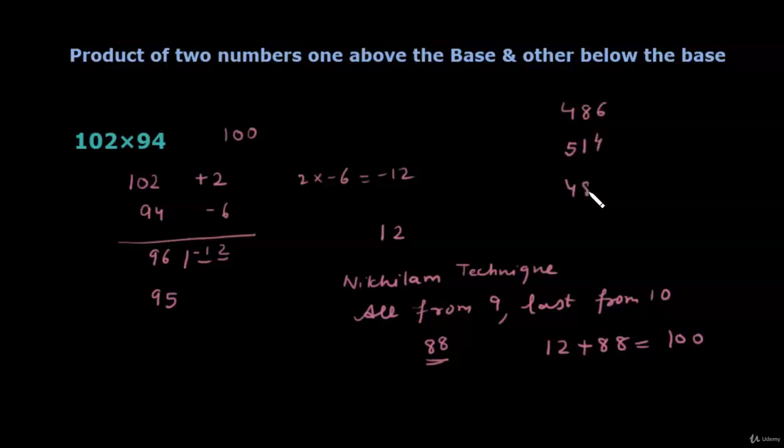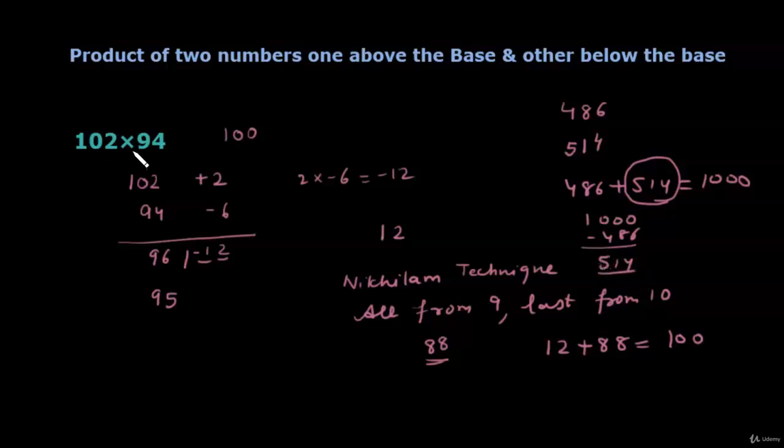So 486 plus 514 will give us the base 1000. So in this way, 514 is the complement of the number 486. This is by the Nikhilam method. Otherwise, we can subtract 486 from 1000 to get the answer 514, which is its complement.